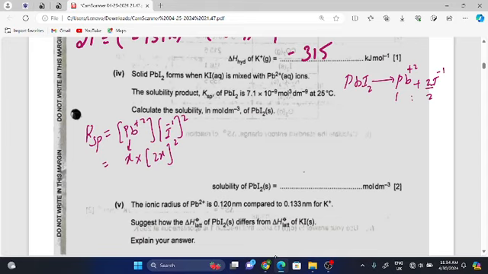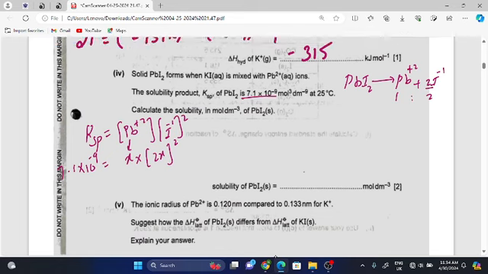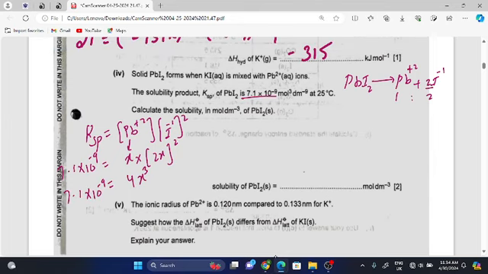This is equal to the solubility product, 7.1 times 10 raised to the power minus 9, which is already given to me. I will solve it. It becomes 4x cube, equal to 7.1 times 10 raised to the power minus 9, so x cube is 7.1 times 10 raised to the power minus 9 divided by 4.